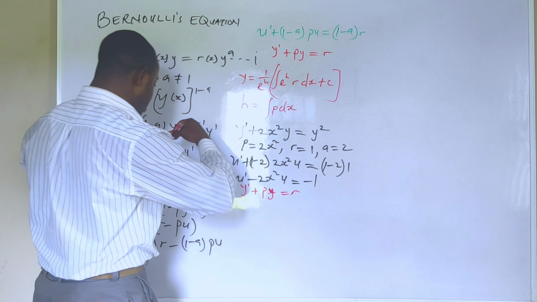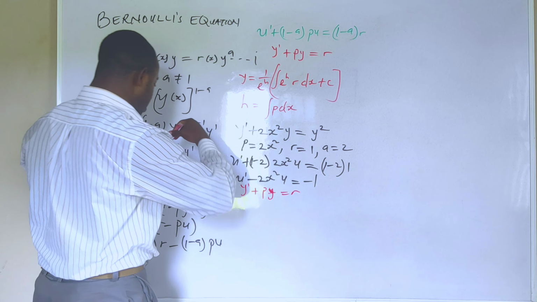So u is equal to e raised to power x raised to power 2, into this negative cancels out this negative here. So we have e raised to the power negative x raised to the power 2 divided by 2x. Oh, I didn't put plus c there. And plus c. So when I distribute this into the content inside the bracket, this cancels out this, and we have 1 all over 2x plus c e raised to the power x raised to the power 2. So this is the solution for u.